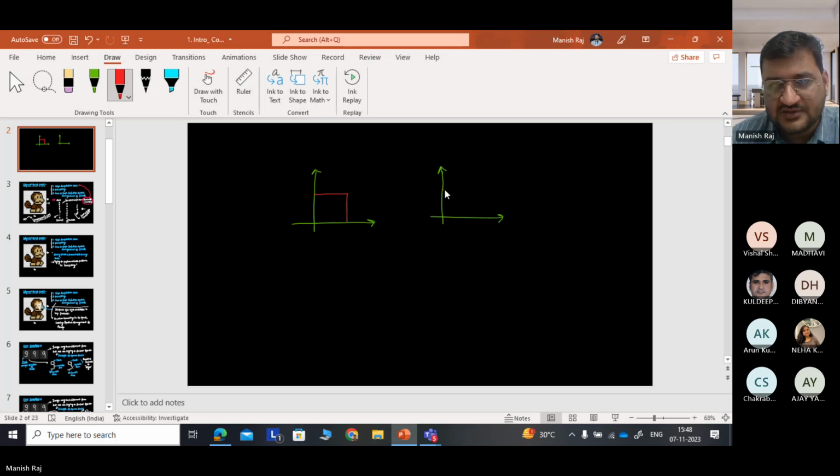Same signal I am taking, and for the convolution you have to put this type of notation, which is the notation for the convolution. So you want to convolve these two signals. What is the meaning of that? Try to understand what will happen if you want to convolve. I am not showing the mathematical expression of the signal. I am just giving you the interpretation of what convolution means.